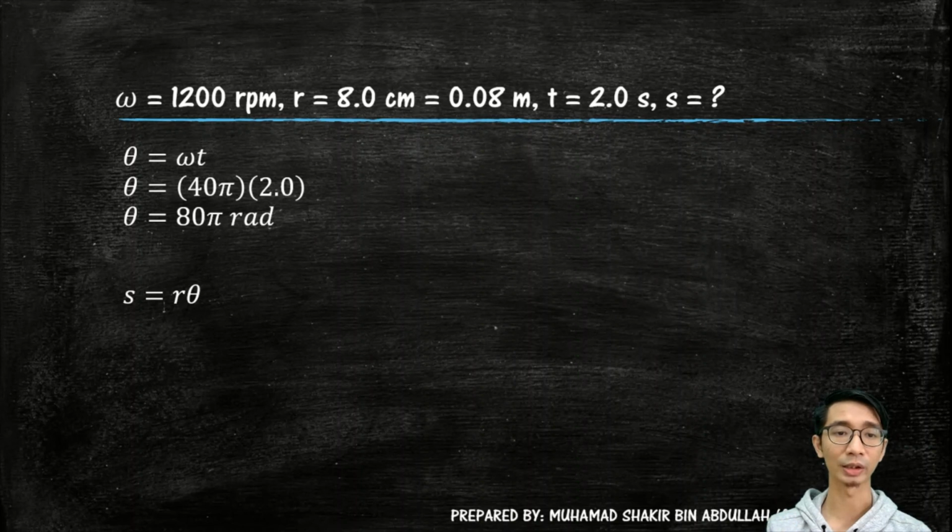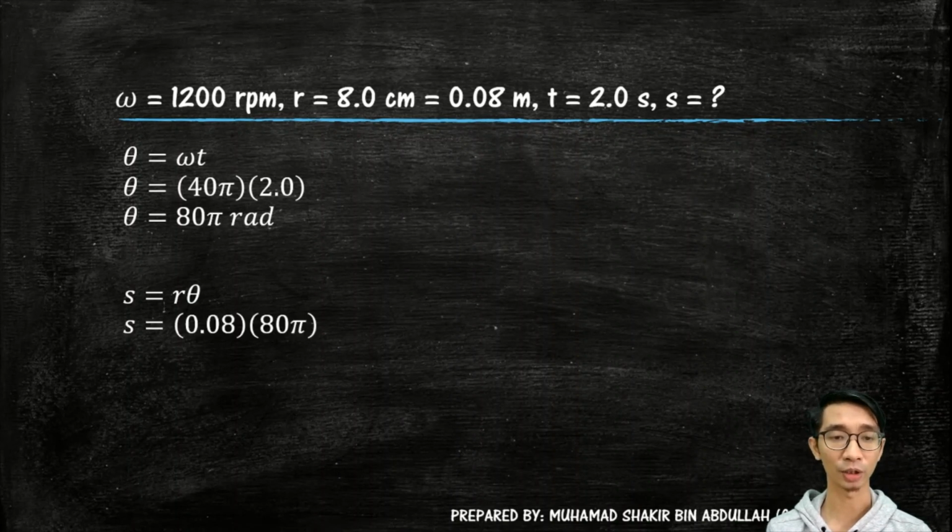This part asks for the edge of the disc, meaning the whole r, which is 8.0 centimeters. So r should be 0.08 meters, and theta is 80 pi, which we already calculated in the previous step. Using a calculator, our answer for the distance traveled is 20.11 meters.